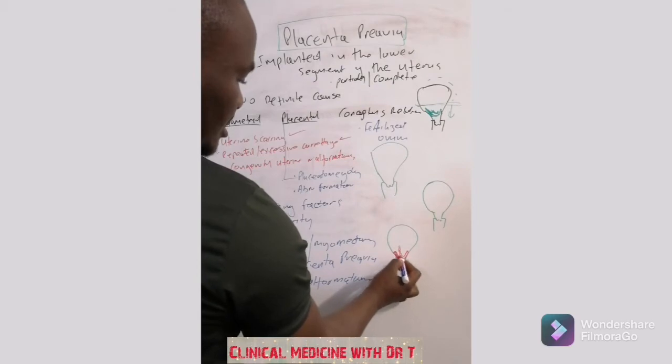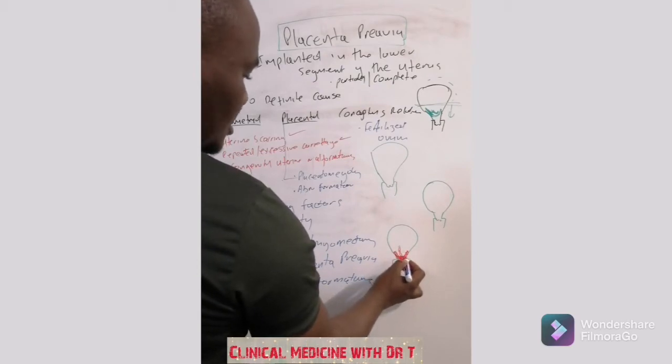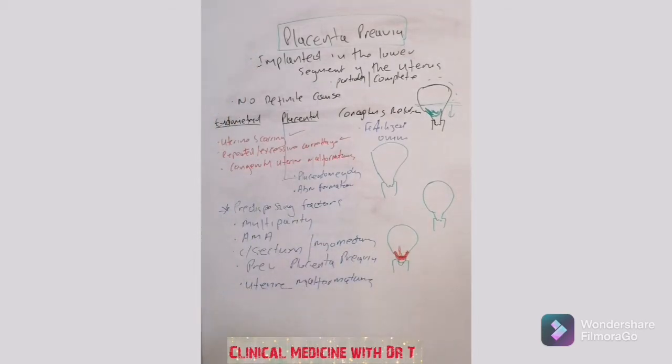Basically that's our placenta. It has completely obstructed the internal os of the cervix. That's a complete.